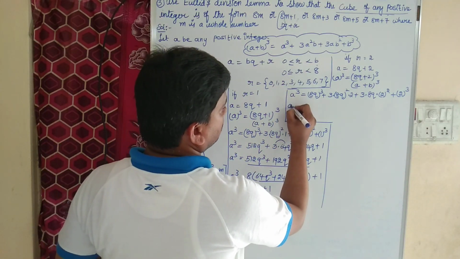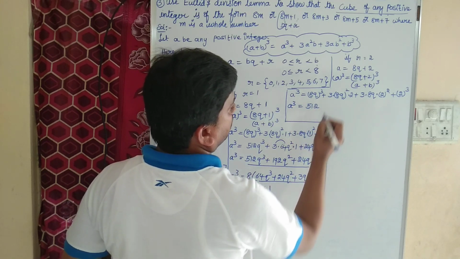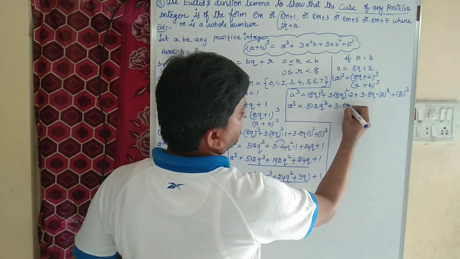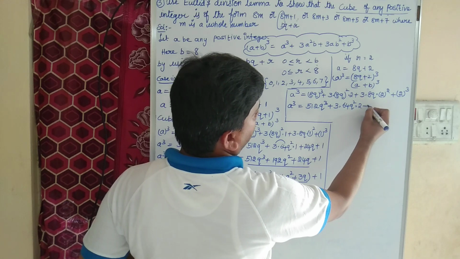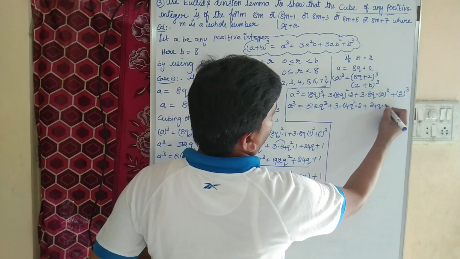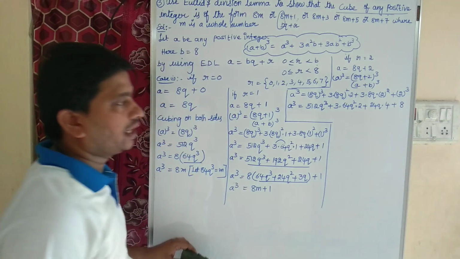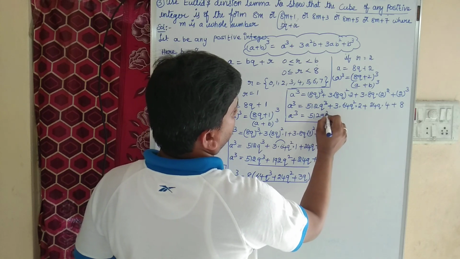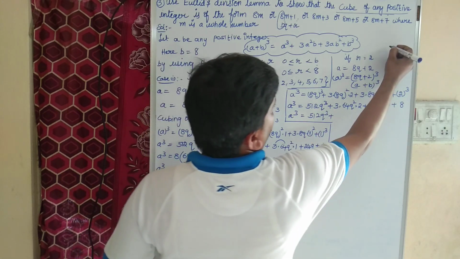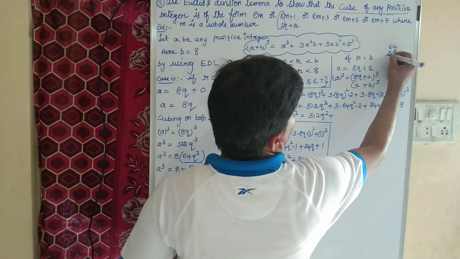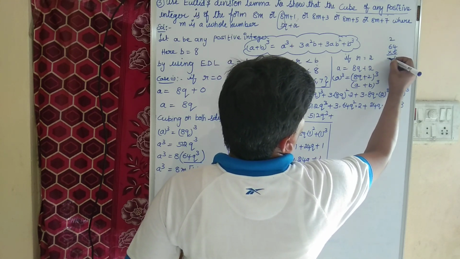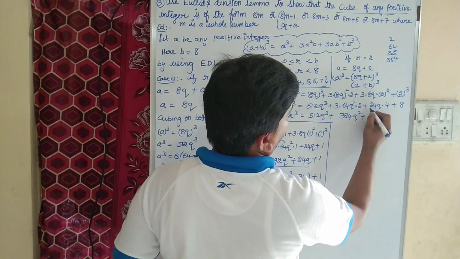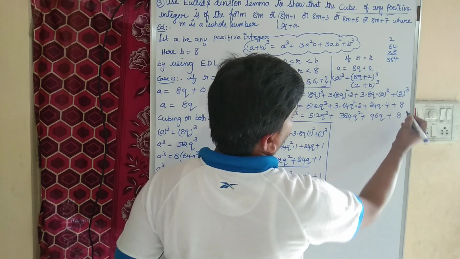So a cube equals 8 cube is 512 cube plus 3 into 8 square is 64 cube square into 2 plus 3 8 is 24 cube into 2 square 4 plus 2 cube value 8. So a cube equals 512 cube plus 3 2 is 6, 64 into 6, 6 4 is 24, 6 6 is 36 plus 2 is 38, 384 cube square plus 24 4 is 96 cube plus 8.